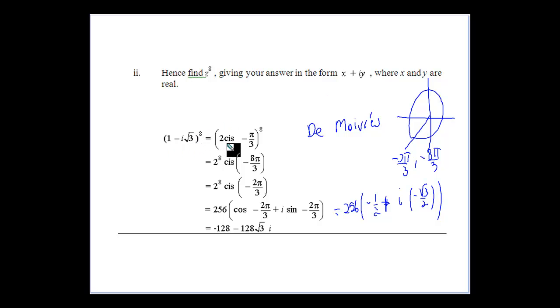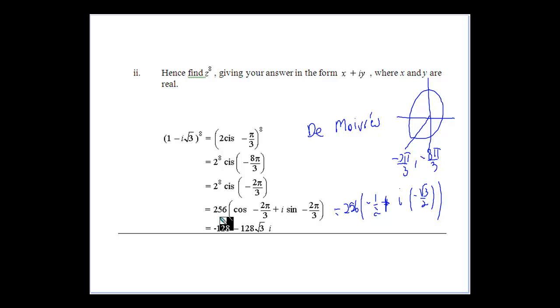We're able to put it into its modulus argument form and use de Moivre's theorem. So 2 to the power of 8, and cis of minus 8π/3, which is the same position as 2π/3, so we just bring it back to its principal argument.